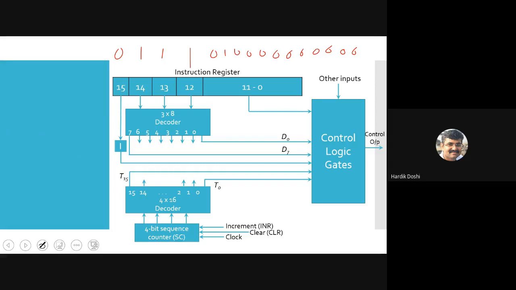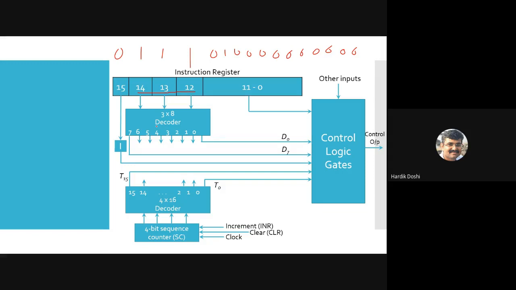But what will be the output of this decoder? If I give this, which line will be 1? D7, absolutely correct. But does that make out which instruction this is? In earlier cases, we were able to make out the ADD instruction as well as the ISZ instruction.